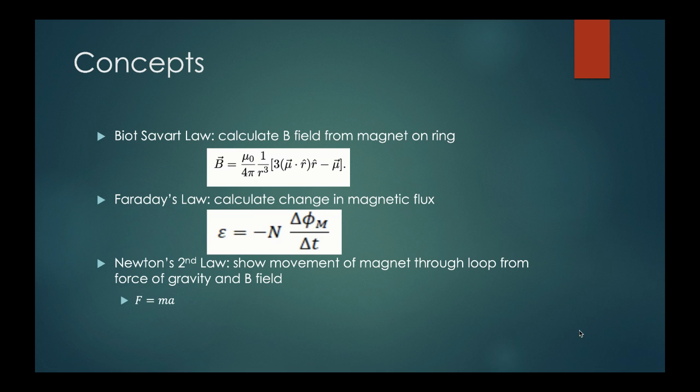And then Faraday's law, shown in the second bullet, was used to calculate the change in the magnetic flux. And then for Newton's second law, we just use this to account for all the forces, so we could model how the dipole, or the magnet, fell through the tube of aluminum foil.